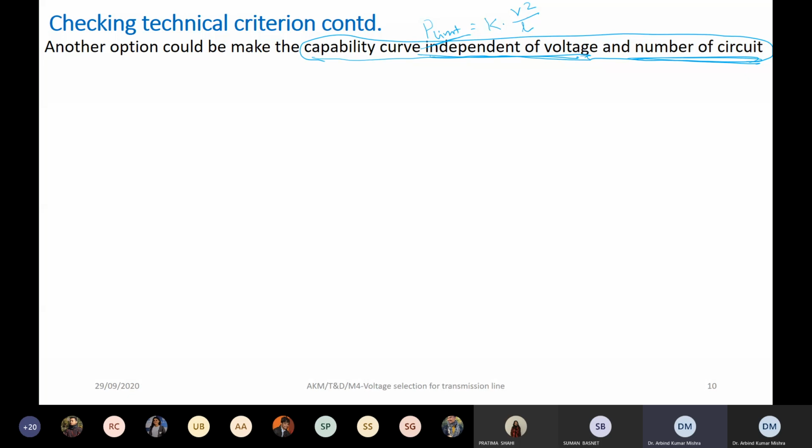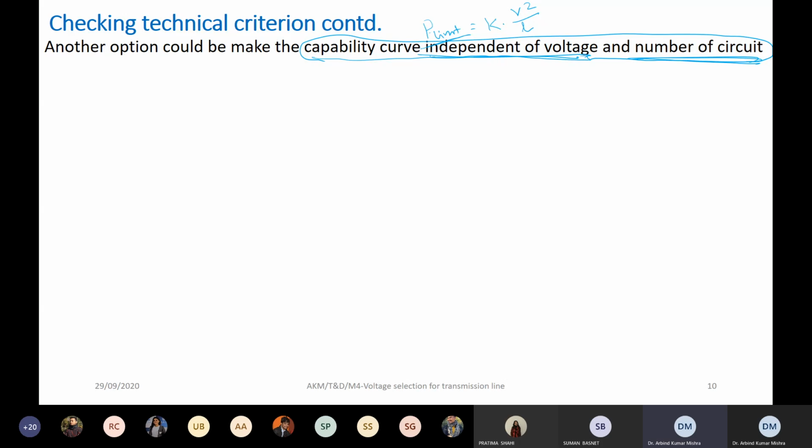But since this is the power limit, just dividing by voltage square may not be very meaningful.